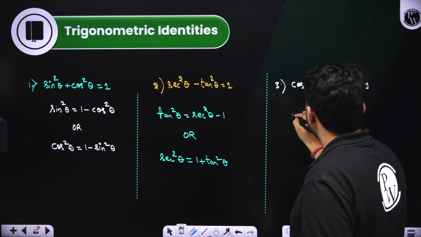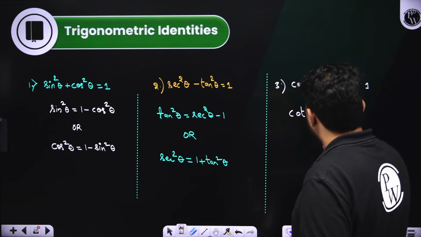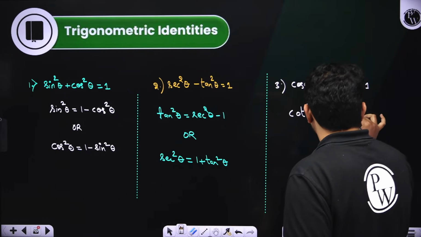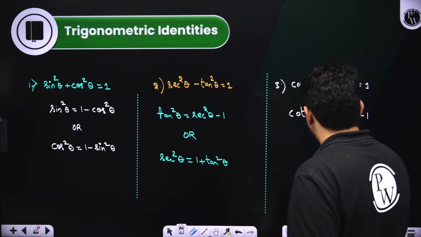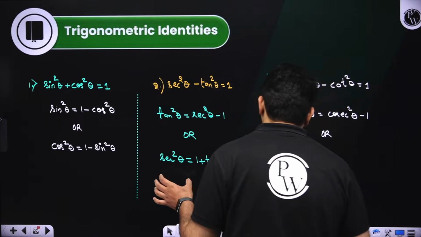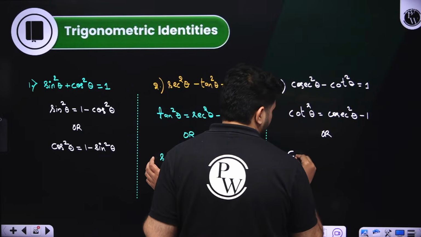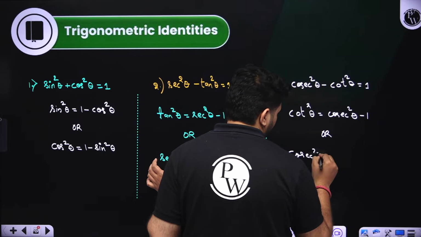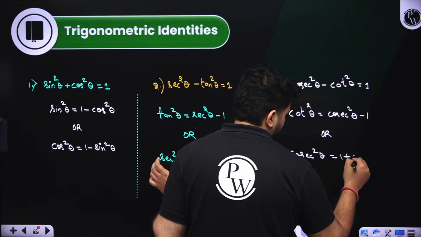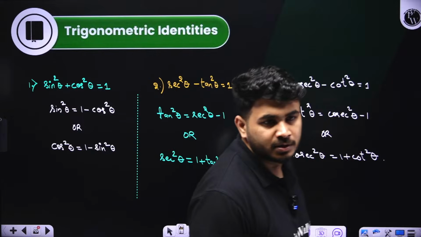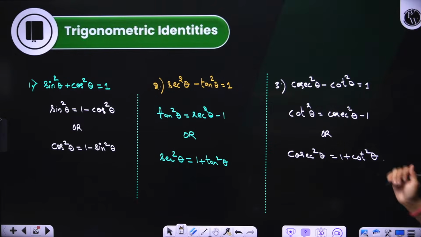So from here, cot square theta is equal to cosecant square theta minus 1, or cosecant square theta is equal to 1 plus cot square theta. Clear? Understood? Fine. So this is what we have about identities.